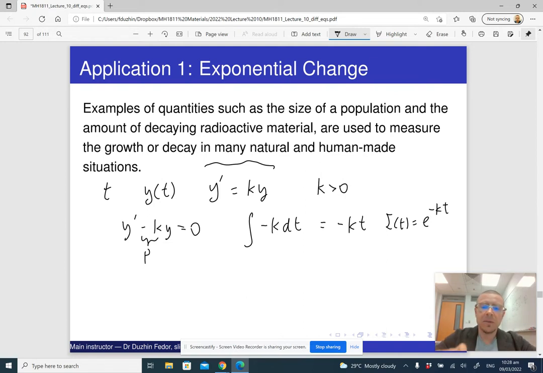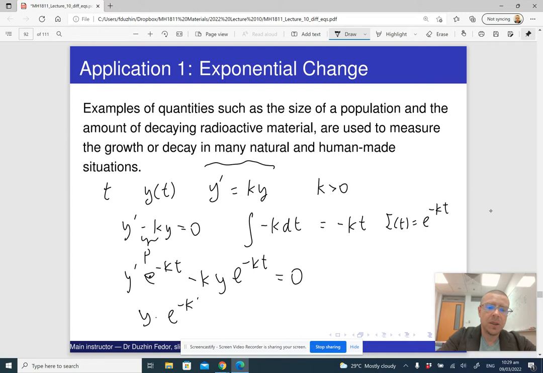So now multiplying by e to the minus kt, I will get y prime e to the minus kt minus k y e to the minus kt is 0. Now, the left-hand side of this expression is, in fact, we know it from the theory, y times e to the minus kt, prime, is 0.